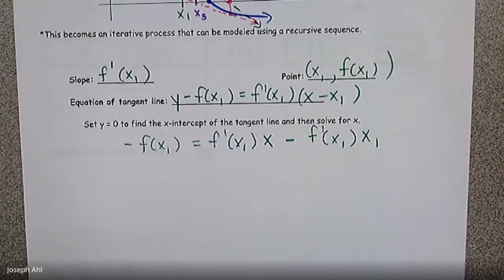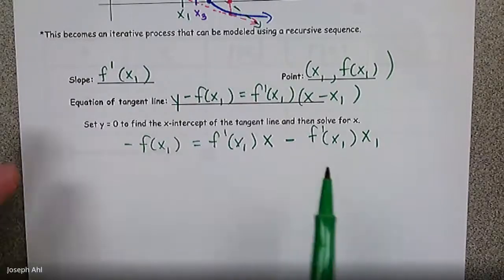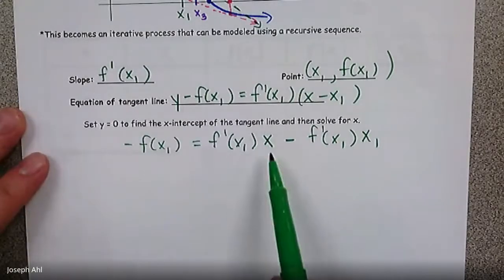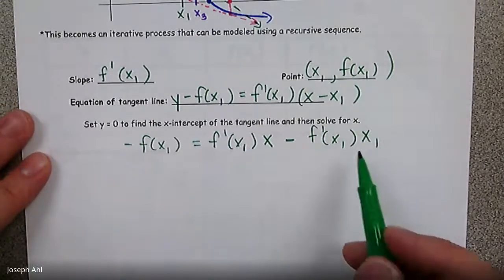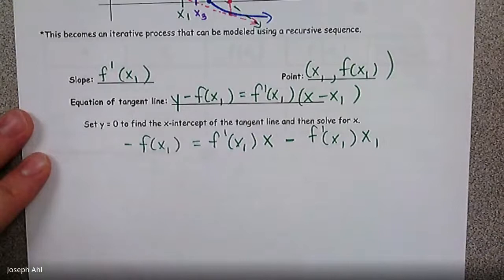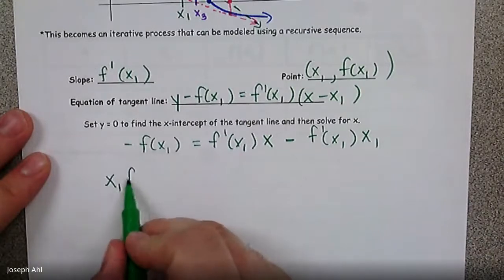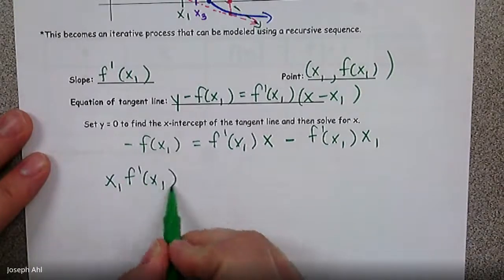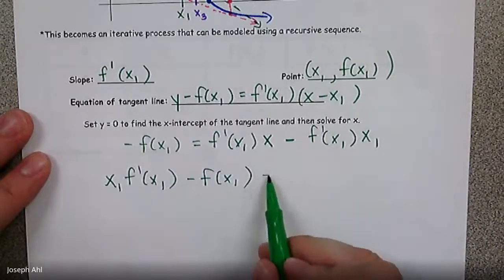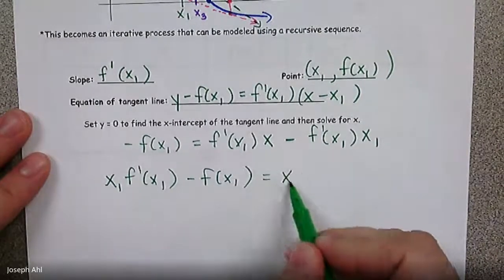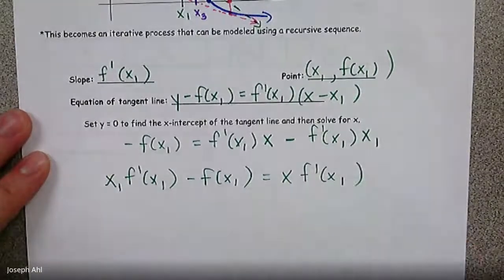Remember what I'm trying to do is isolate x. So I'm going to add this term to the other side. Therefore, x1 f prime of x1 minus f of x1 would equal, on this side, x times f prime of x1.